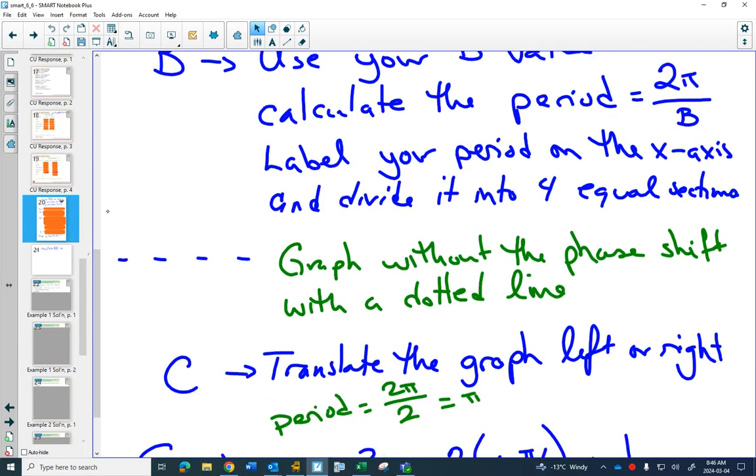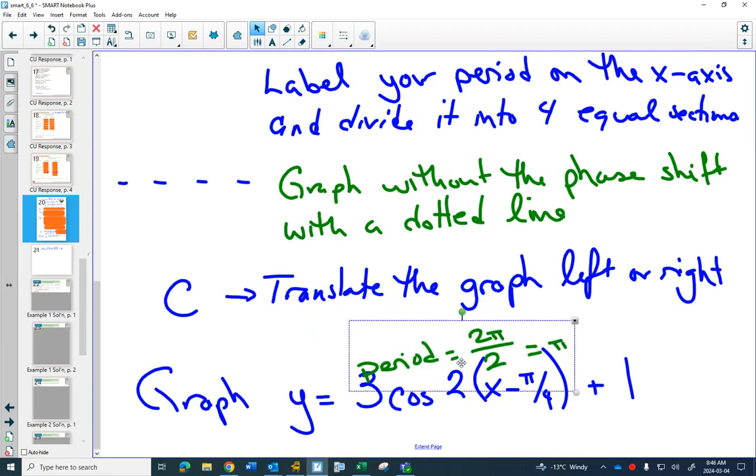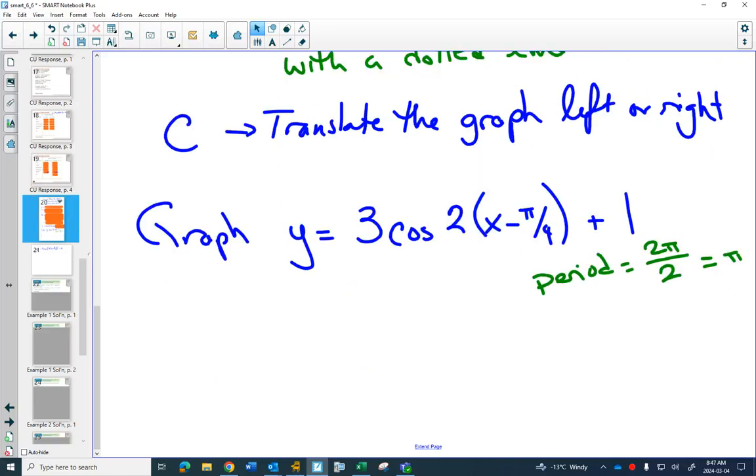So here is our first example. And I wrote DAB-C because I'm going to show you slowly what it looks like.